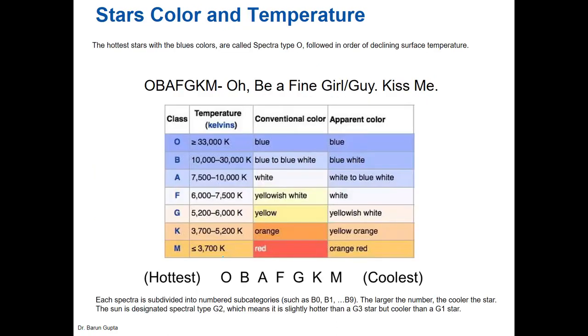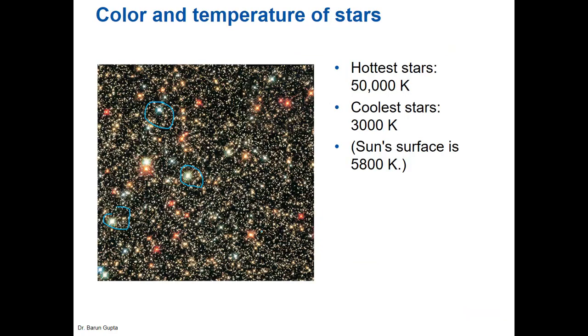And then the orange and red colors are slightly cooler stars. So these are the cool stars here. So just by looking at the color of the star, you can tell directly, oh, this is hot and this is cool. And if you see in between, for example, yellow, which is in between.